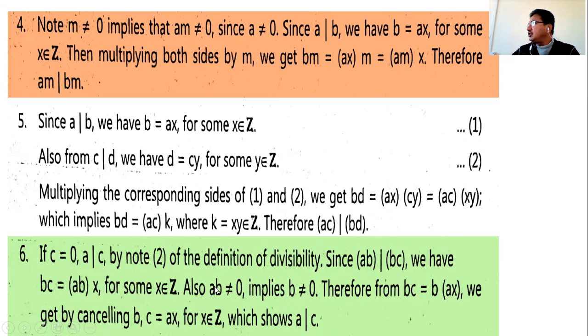When the multiplication of two integers is not equal to 0, both are not equal to 0, and that's why we can cancel this b from both sides. So just write the meaning of ab divides bc. That's bc expressed in the form ab into x, and just cancel this b. And therefore we have c is equal to x, which shows that a divides c.